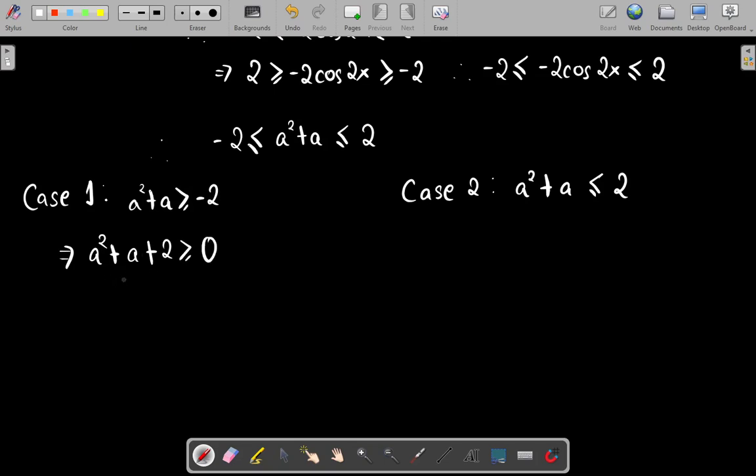So this is a quadratic expression. If I find the discriminant, it is b square, the coefficient of a, which is 1 square, minus 4 times 1, the coefficient of a square, times 2. So this is 1 minus 8, which is less than 0. So there are no real roots in this quadratic expression.